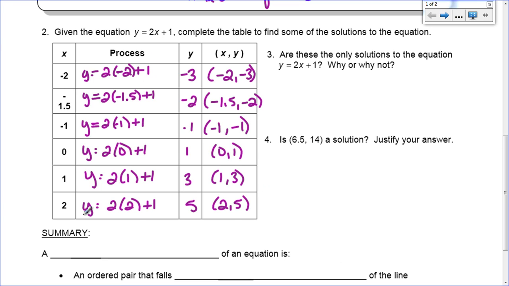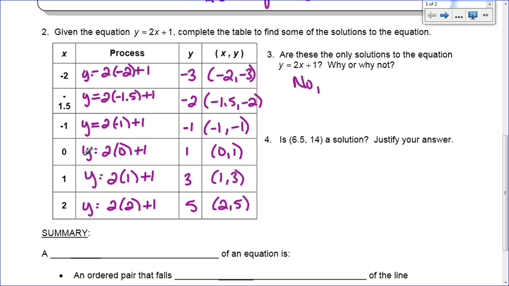So all of these values that you just got in this table, double check them, make sure you got yours correct. If you didn't, fix your arithmetic mistake. But all these points right here are solutions to this equation, y equals 2x plus 1. Are they the only solutions to this equation? Absolutely not. There's no way they're the only solutions because there are more numbers that exist other than these.